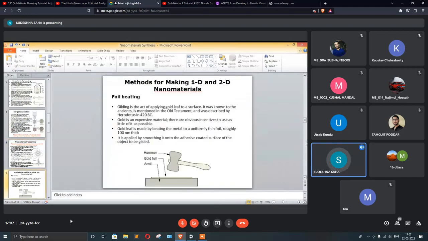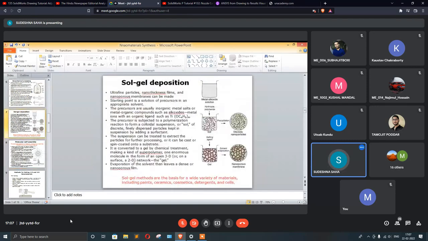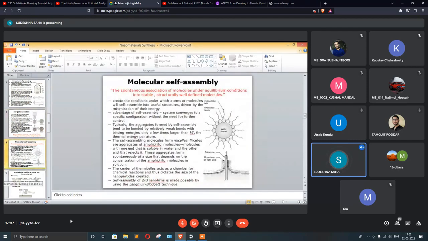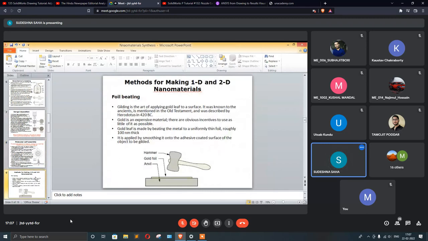Okay. So these are the methods that actually made use of 0D nanomaterial preparation. Then we will move to methods for making 1D and 2D nanomaterials.